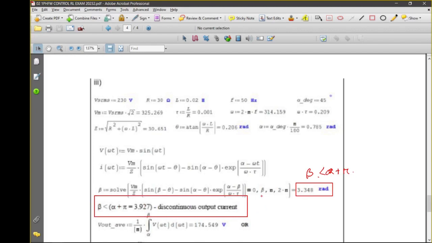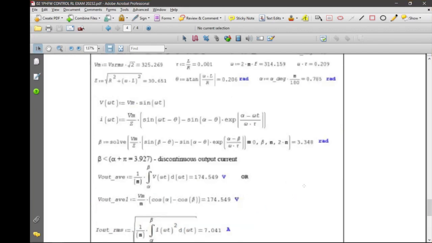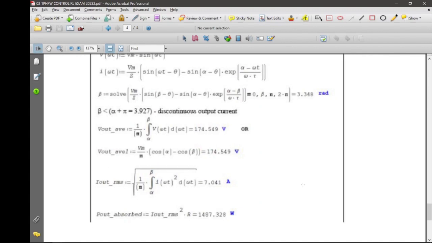Therefore, you can either use the equation from the notes, or you can simply integrate. If you use a calculator, you don't have to memorize all the equations. You use the calculator to do alpha to beta, and you get 174.59.